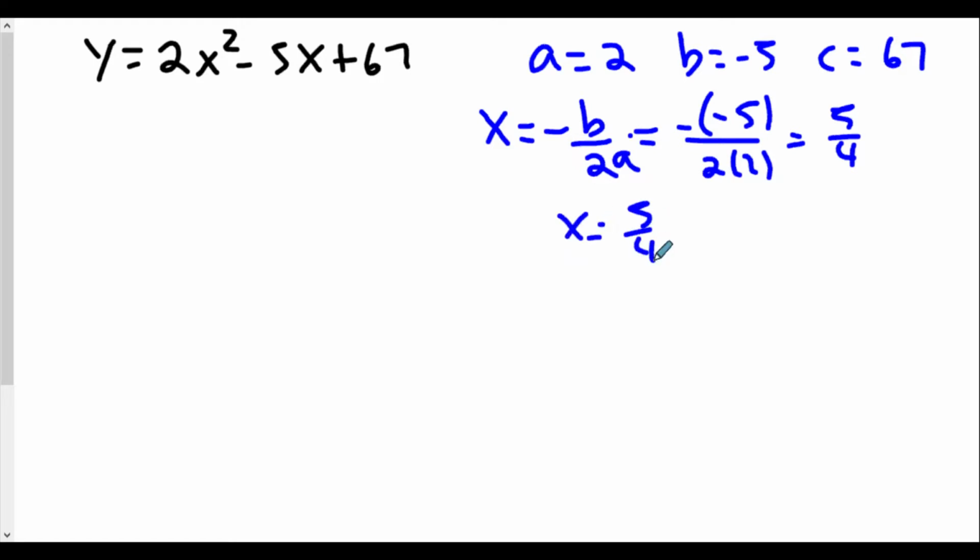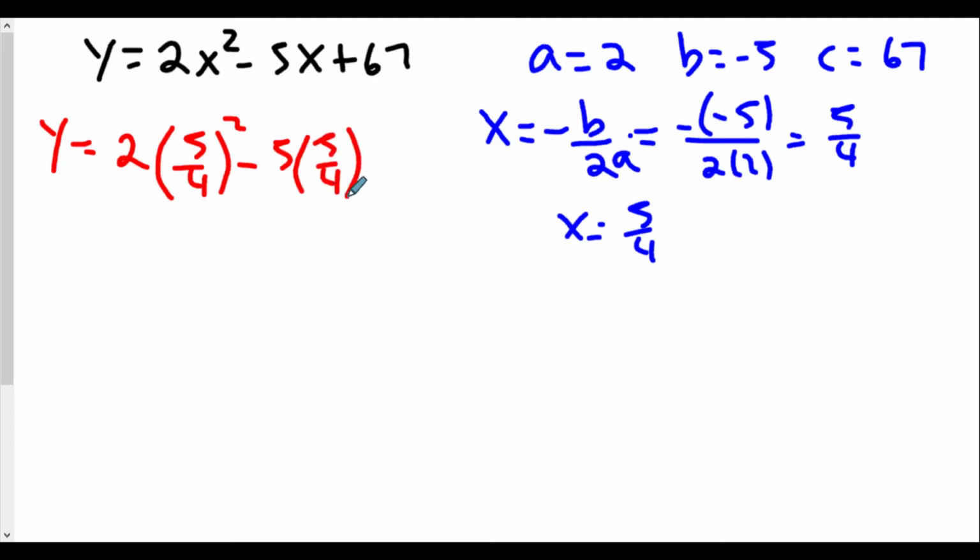Okay, and now we're going to plug in this 5 over 4 into our function. y is equal to 2 times 5 over 4 squared minus 5 times 5 over 4 plus 67.